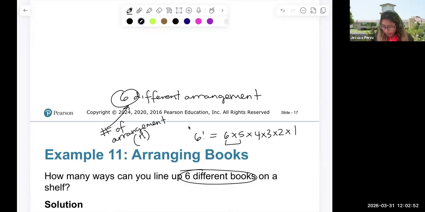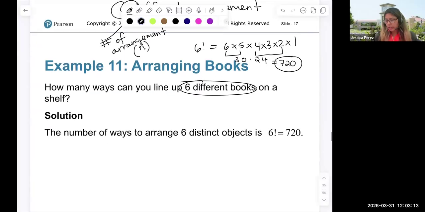Then here we have 30, and here we have 24, because 4 factorial is 24. We can multiply 30 times 24, or we can use our calculator. When we do 30 times 24, we get 720. So our solution is 720 different arrangements.